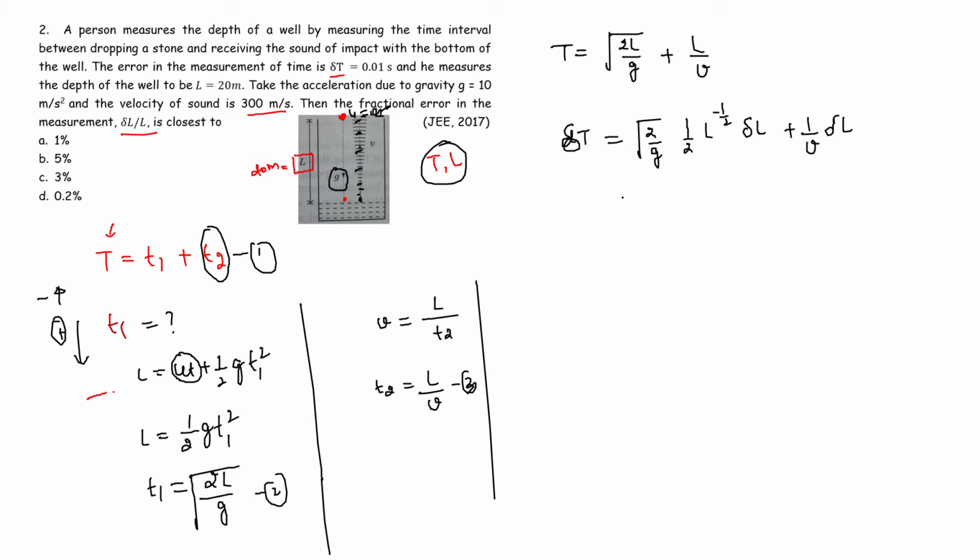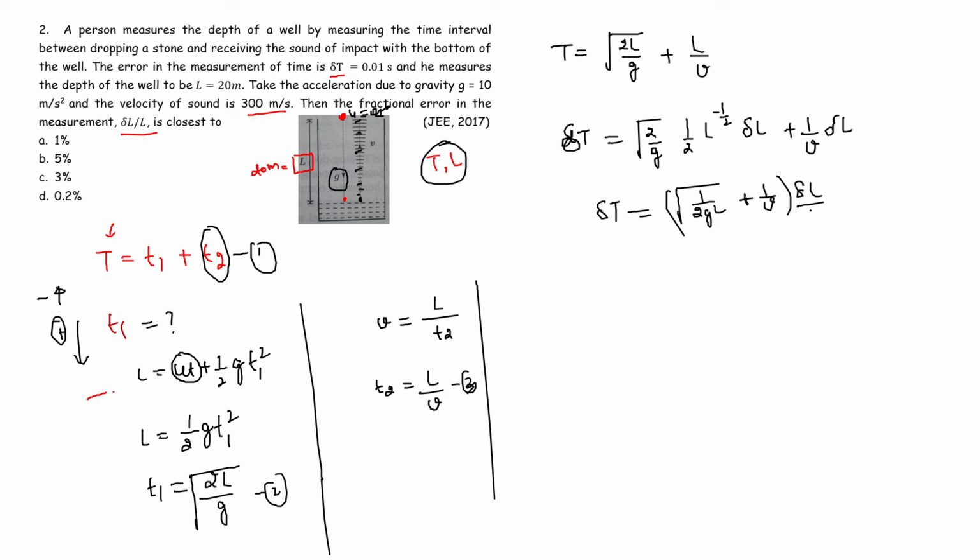Now we simplify this equation and we get 1 over under root 2gL times delta L plus 1 upon v delta L, which means we can take delta L common here. This is delta T. But what do we want here?